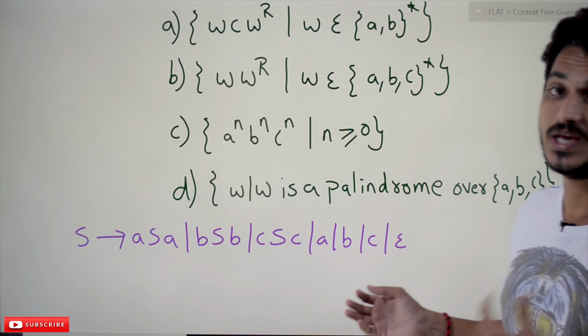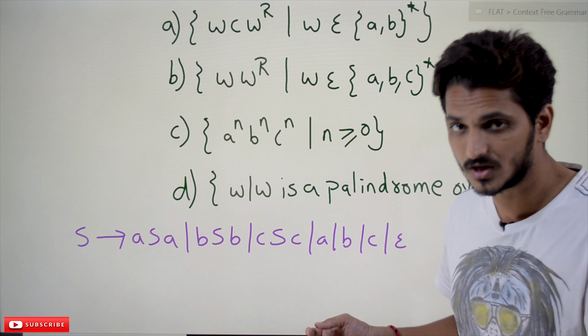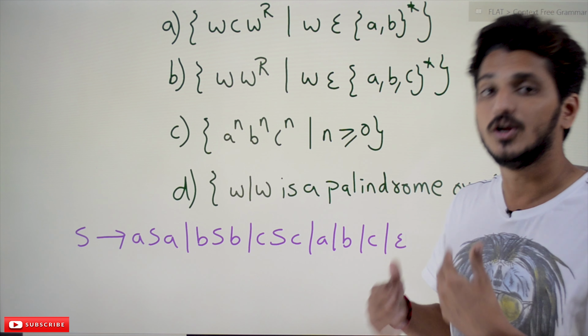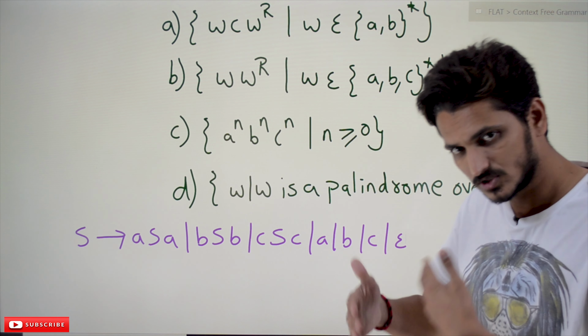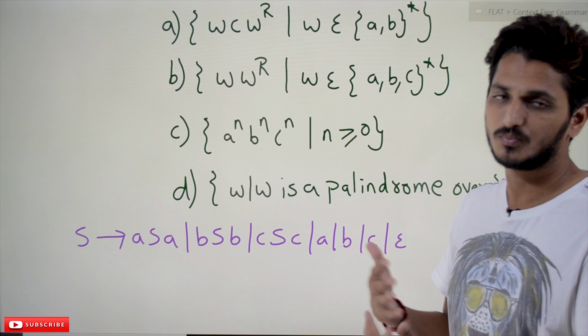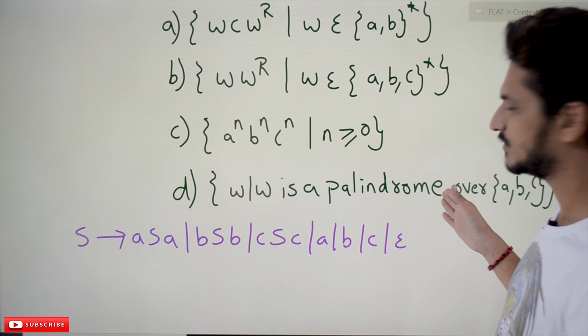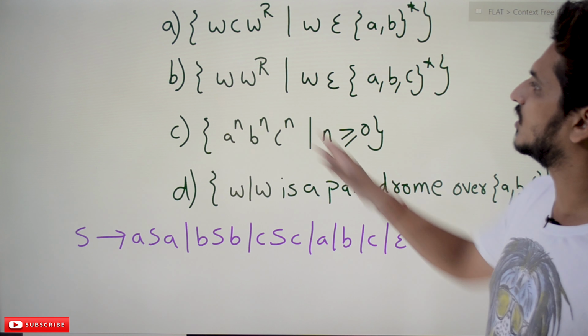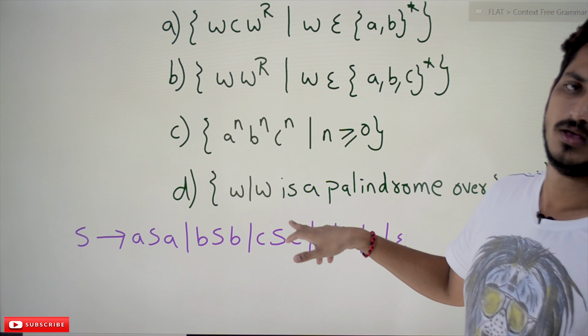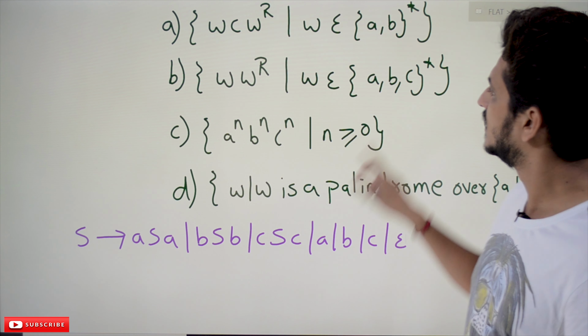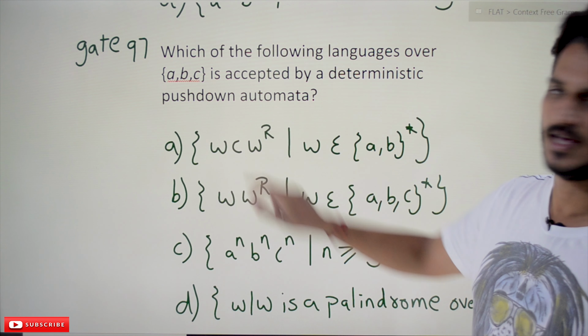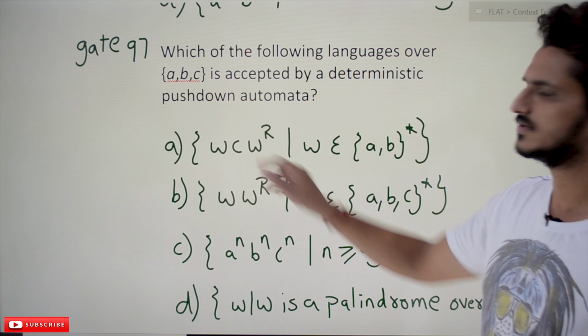Palindrome logic also we cannot construct using deterministic pushdown automata. Non-deterministic pushdown automata is required because we have to check for the middle. That is not possible using a deterministic pushdown automata. We already discussed this palindrome example in our previous classes. So our output is A. This is the answer. Answer is A.